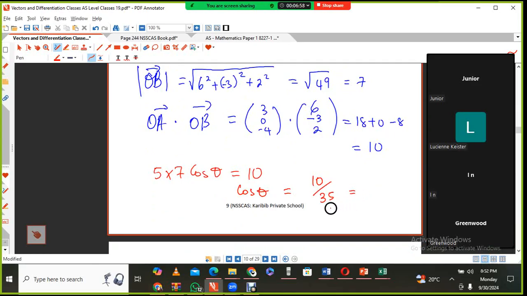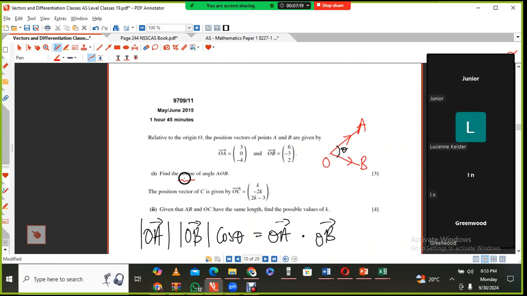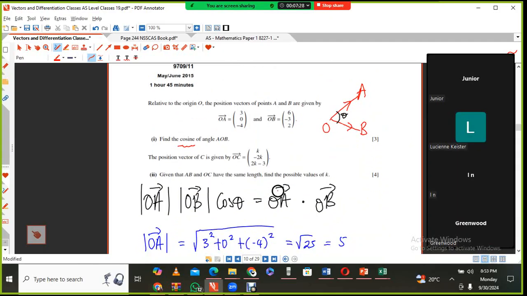And what is 10 divided by 35? 2/7. So we're not looking for the angle, we're just looking for this answer. Cos theta equals 2/7, because it says find the cosine of the angle. It's that ratio, for 3 marks. Are we clear?